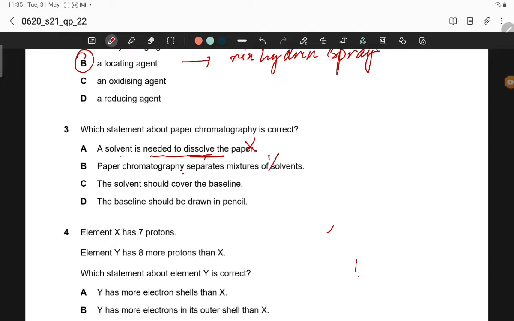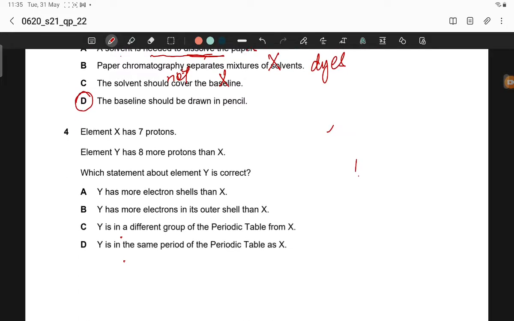No, a mixture of dyes. The solvent should cover the baseline? No, it should not. The baseline should be drawn in pencil. Yes, this is the correct option. The baseline should always be drawn in pencil, otherwise it dissolves in the solvent if we draw it with pen.